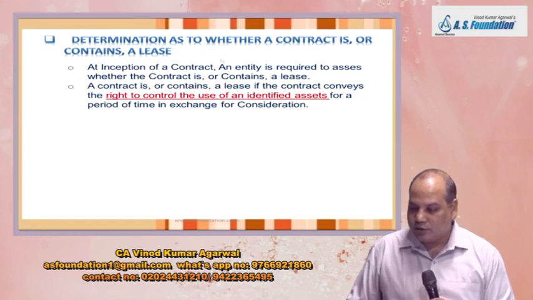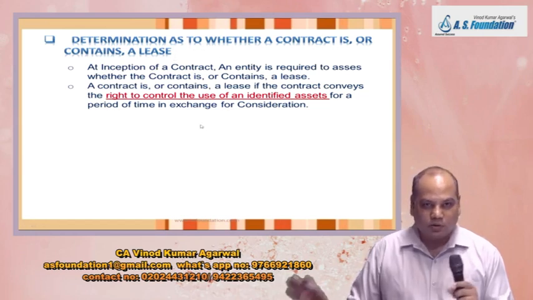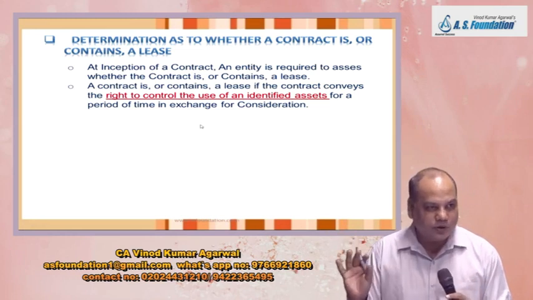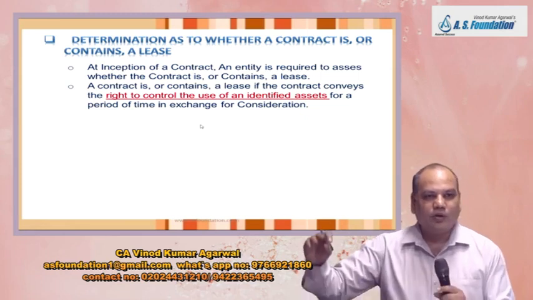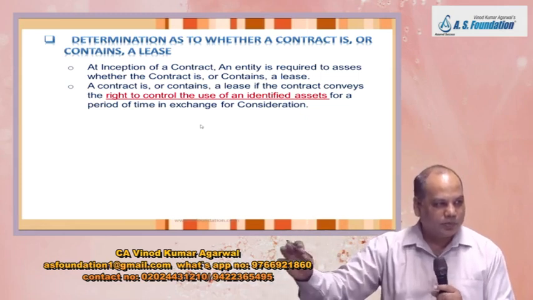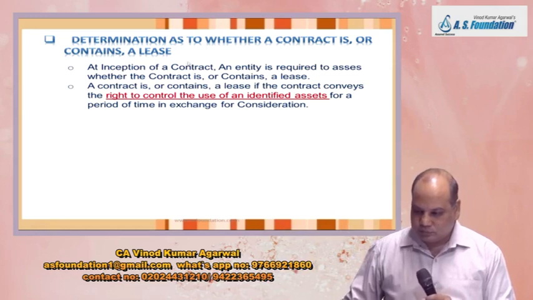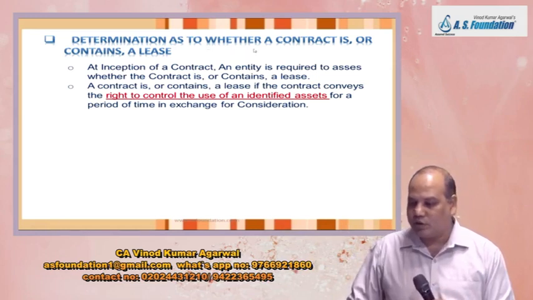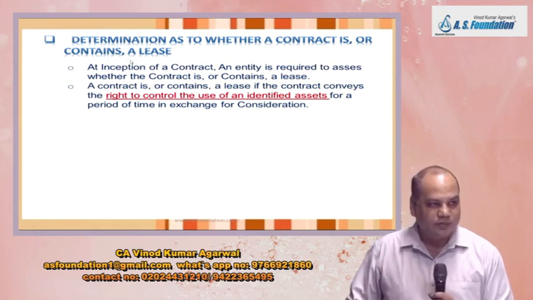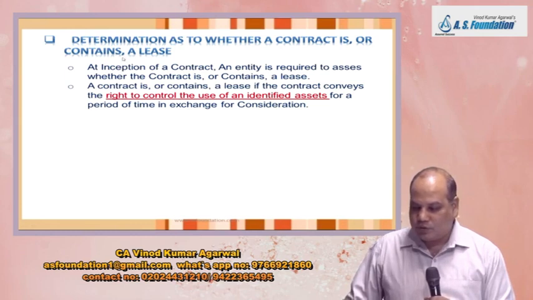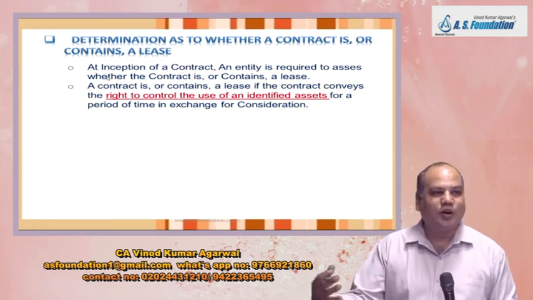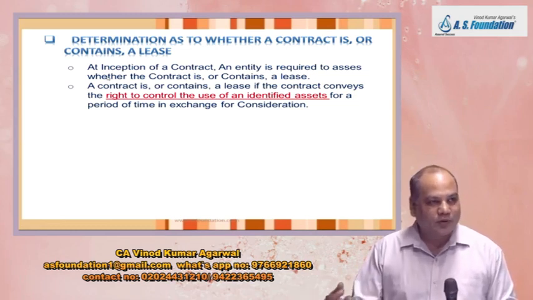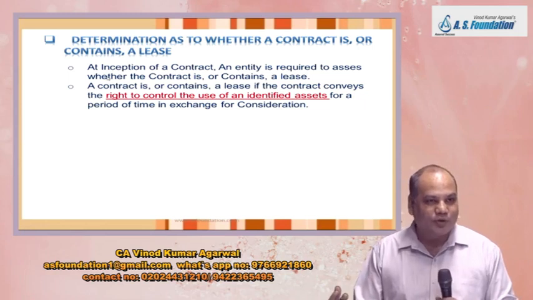So when you have to see whether a contract involves a lease or not, at least that basic feature of a lease must be in mind: right to use the asset for a specified period for some consideration. Determination as to whether a contract is or contains a lease. If you take interest in this chapter, you'll find it very interesting, because when you look around you, you will find a lot of things actually have a lease kind of situation.